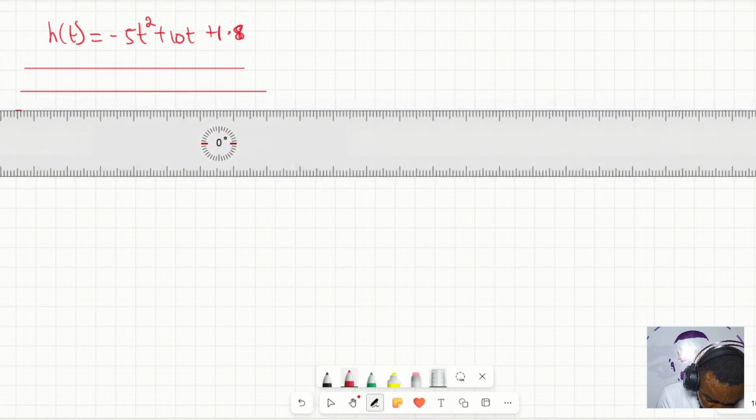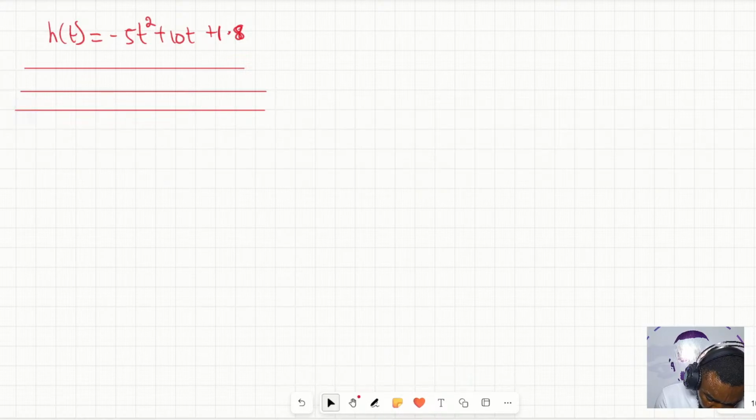Let's use 0.5. So we are going to have our t, and then we'll have our h of t. It's not always x and y.